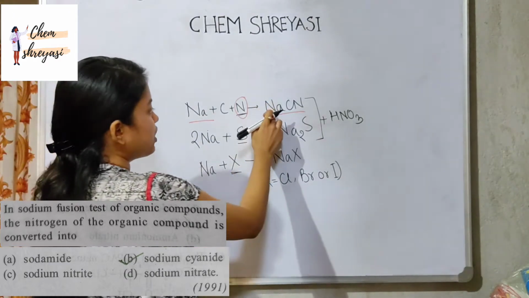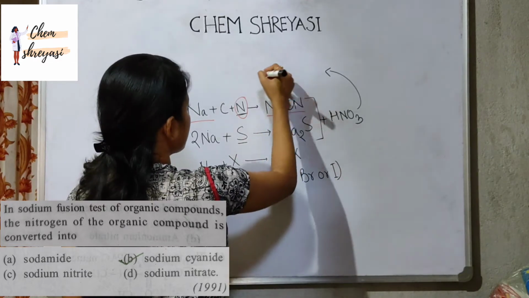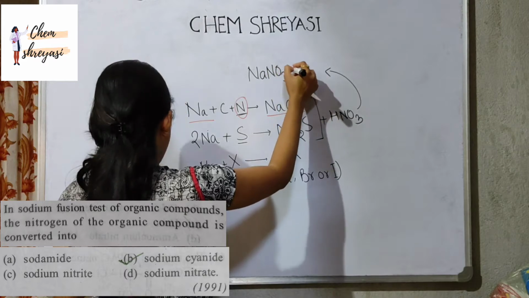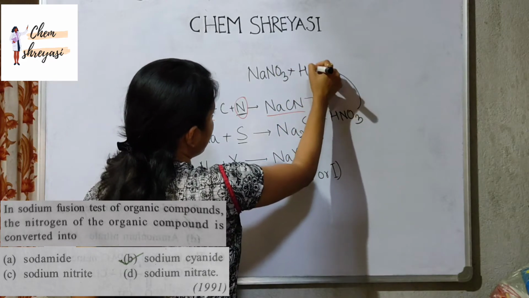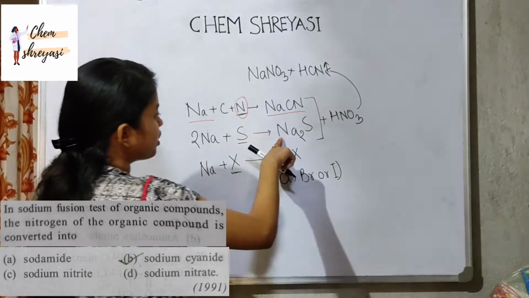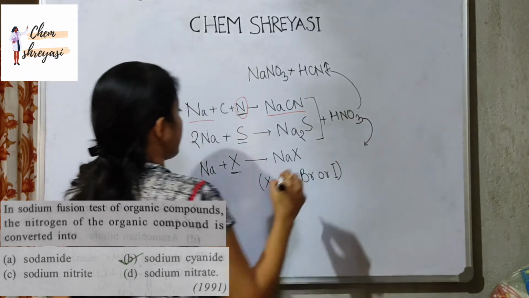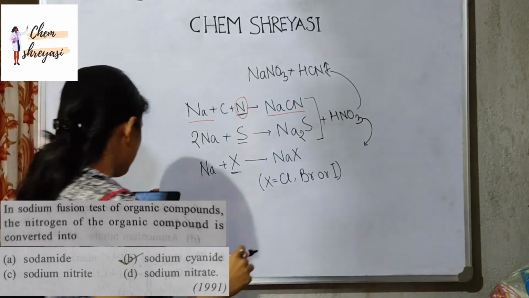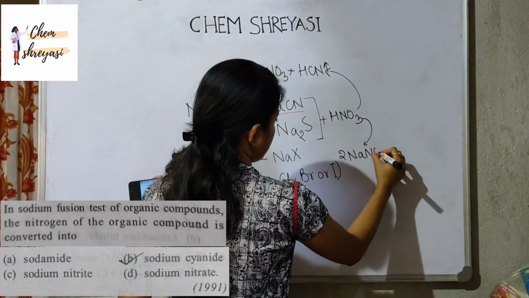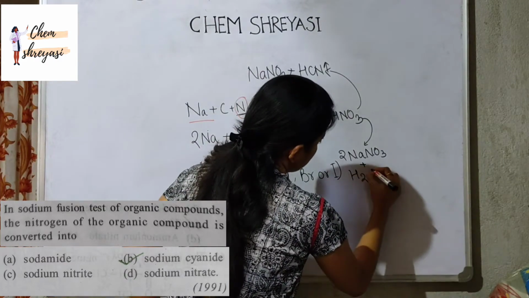When we treat sodium cyanide with concentrated HNO3, we get NaNO3 and HCN. Now this HCN is a gas and it will go out of the system. Similarly, when sodium sulfide is treated with concentrated nitric acid, it will give 2NaNO3 and H2S.